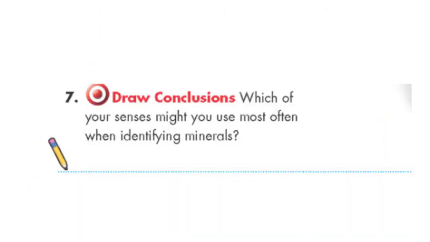Let's answer question number 7, page 243. Draw a conclusion. Which of your senses might you use most often when identifying minerals? Think for a while, guys. When you identify color, which sense do you use? Yes, sight.